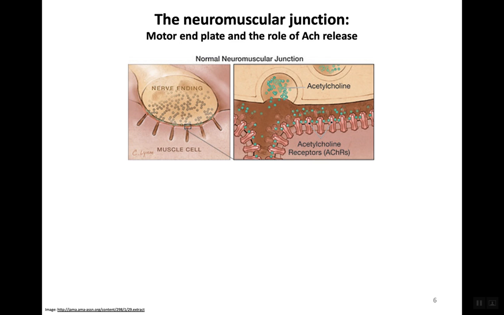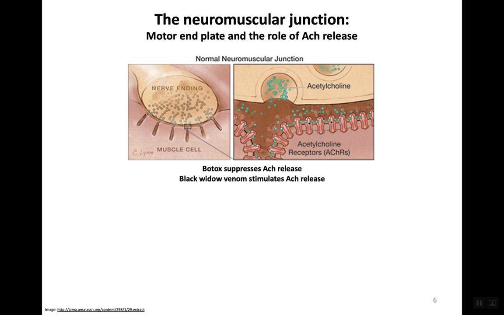Okay, so then you might imagine that an improper release of acetylcholine has quite visible impact on muscle functioning, and you would be correct. There's a high number of toxins and neurotoxins which can impact the release of acetylcholine.